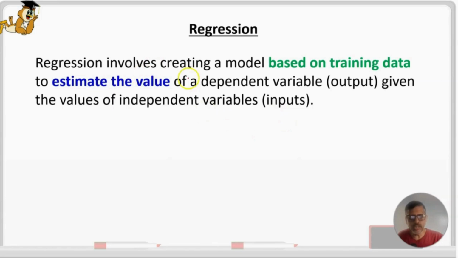Regression involves creating a model, as always, based on training data. Clearly, we need training data. And we are going to create this model to estimate the value of the output given the values of the input variables. Let's see what this is with a small example.